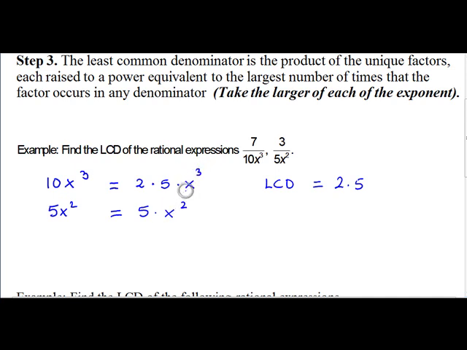These are factors, but x cubed has the larger exponent, so I take x cubed. Okay, now we multiply everything together. I have 10x cubed. So this is the LCD.